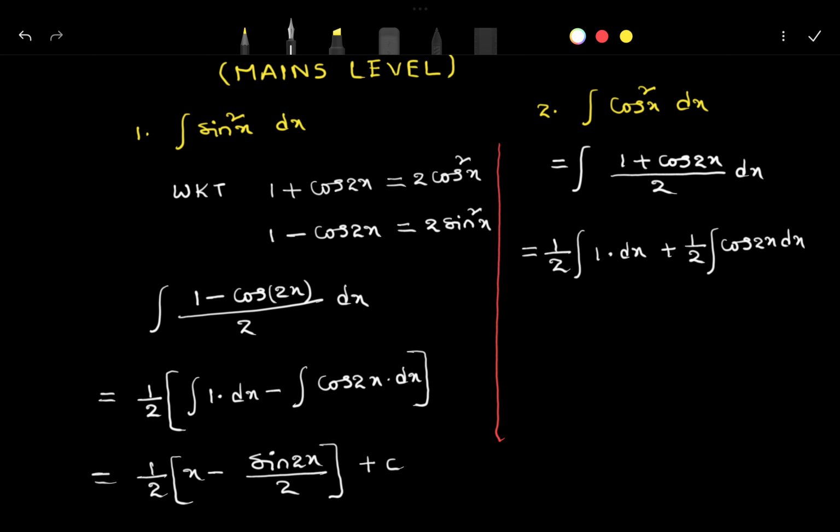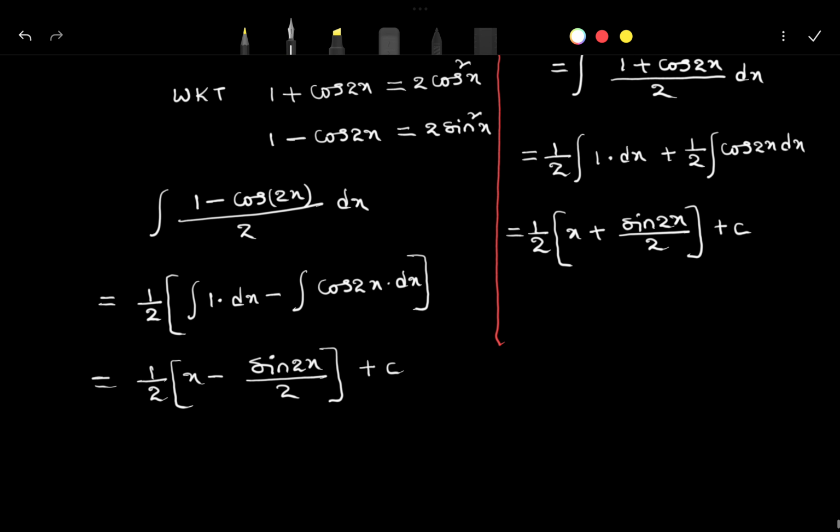Now integrate this value. Taking 1 by 2 common, integration of 1 into dx is x, plus the integral of cos 2x, which is sin 2x whole divided by 2. So this answer will be 1 by 2 into x plus sin 2x whole divided by 2 plus c. So this is the integration of cos square x. I hope this model is very clear to all of you.